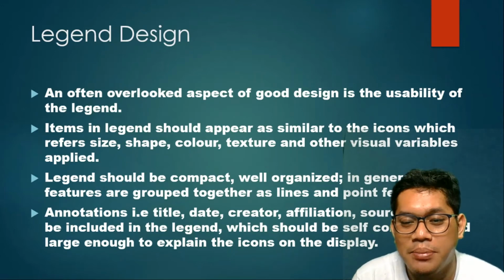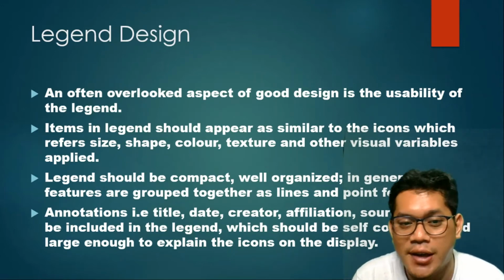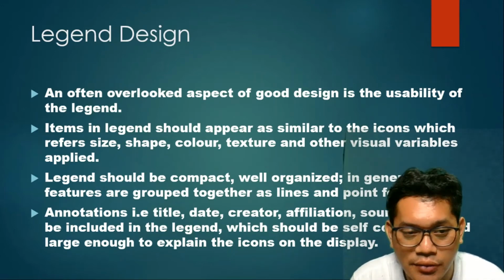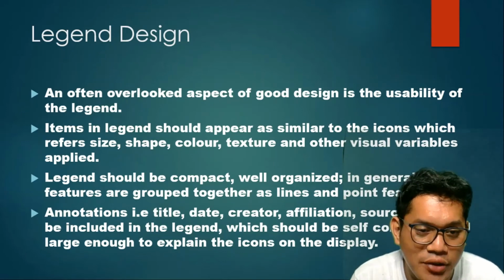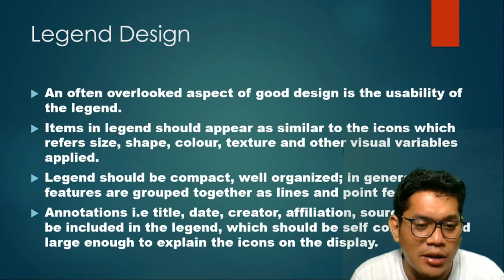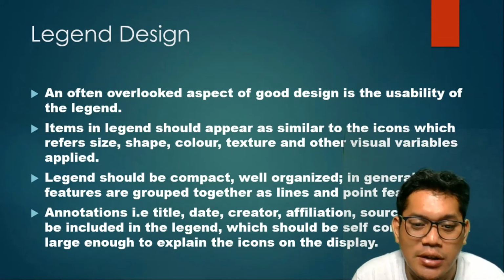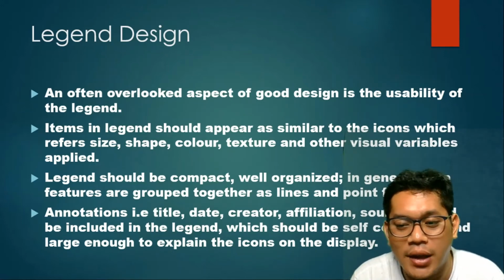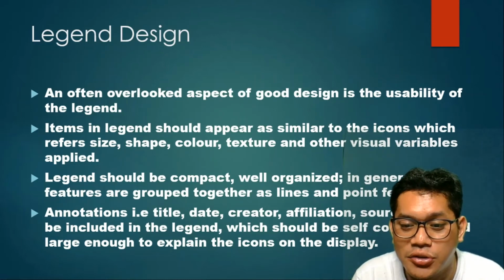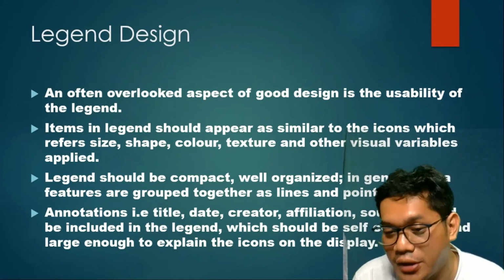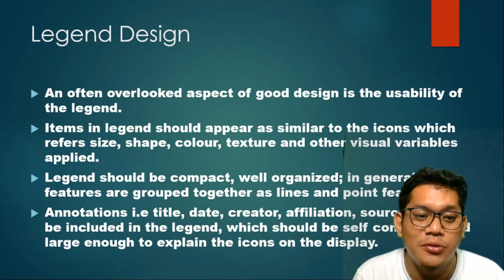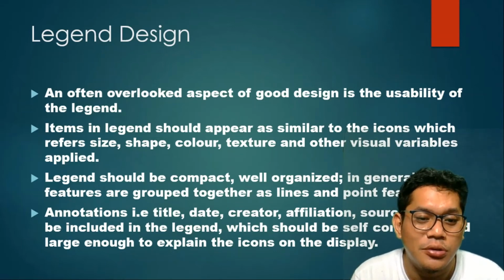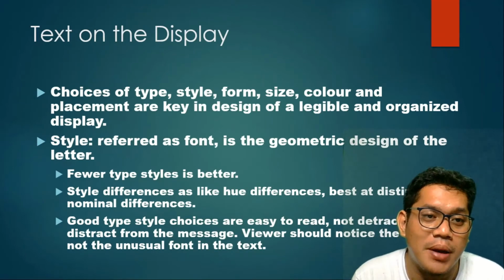Items in the legend should appear as similar to the icons, which refer to size, shape, color, texture, and other variables. The legend should be compact and well organized. In general, area features that group together, and annotations should be included in the legend, which should be self-contained and large enough to explain the icons on display. Do not put paragraphs in it. It must be short and simple words, and good enough to explain the whole idea of the map.